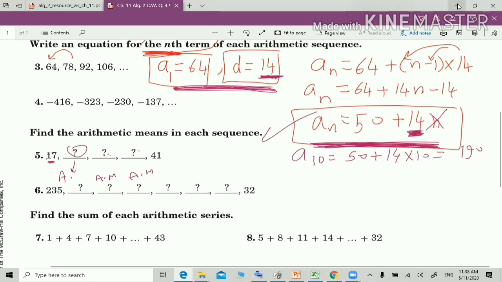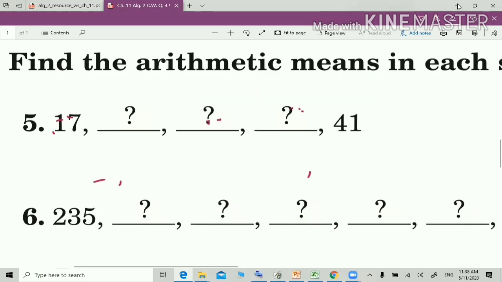Who can tell me what is A1? 17. A1 is 17. Look, I'm going to write it. A1 is 17. Who can tell me what is the difference?